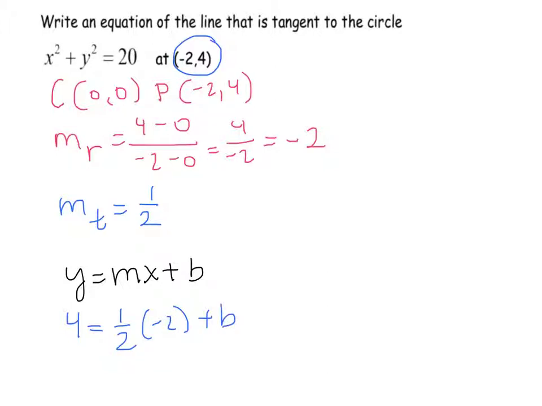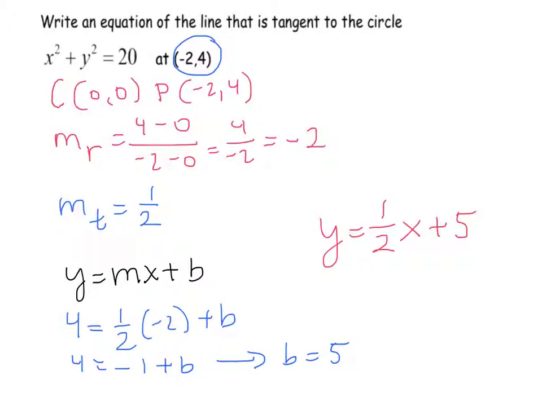And if I simplify, 4 will equal -1 plus b. And the y-intercept b is going to be 5. So now I can write the equation as y equals 1/2 x plus 5.